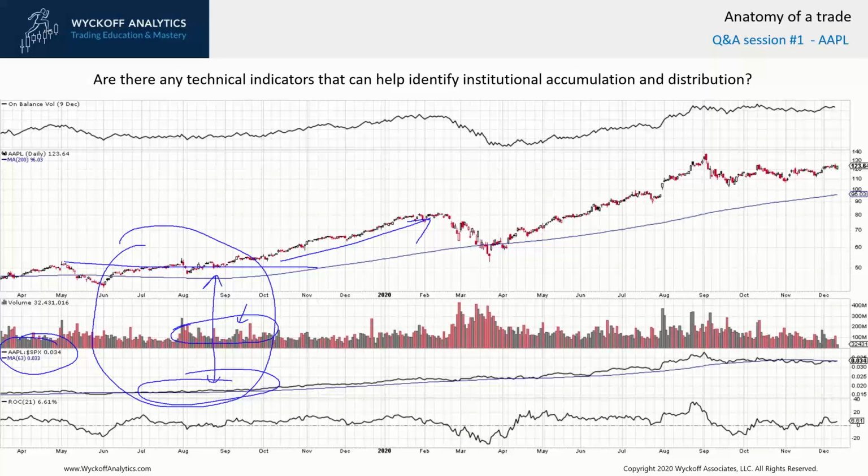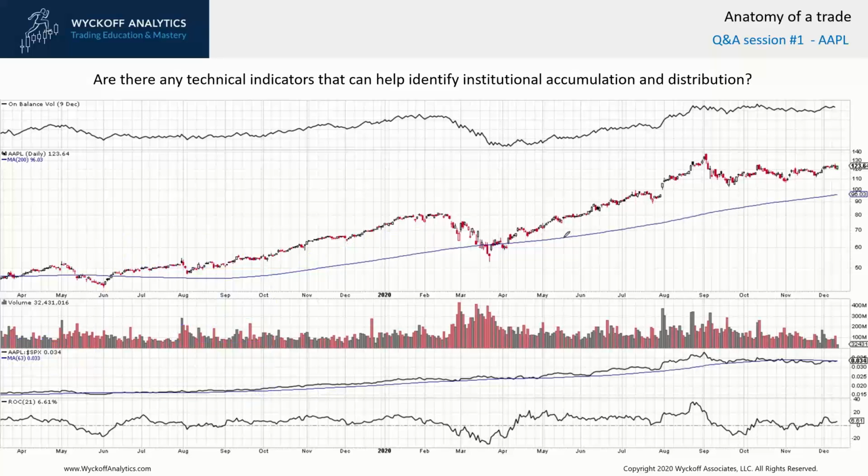But there are tons and tons of other technical indicators that could identify institutional accumulation or distribution. So you just have to pick them on your own and decide whether it works for you or not. My cautionary note here is do not use a lot of indicators that show you the same thing.